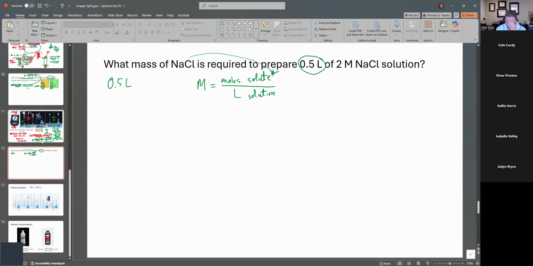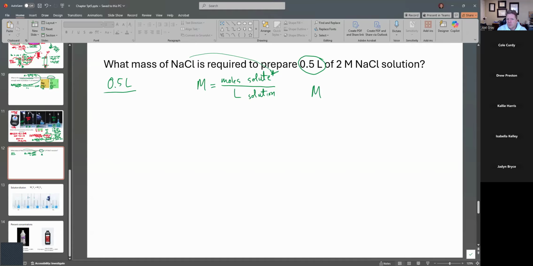Okay, so here's what we need to do with this question. We need to figure out how much of our solute we will need if we're only making half a liter. This value, the big M, will be the moles of solute for 1 liter, not for 0.5 liters.